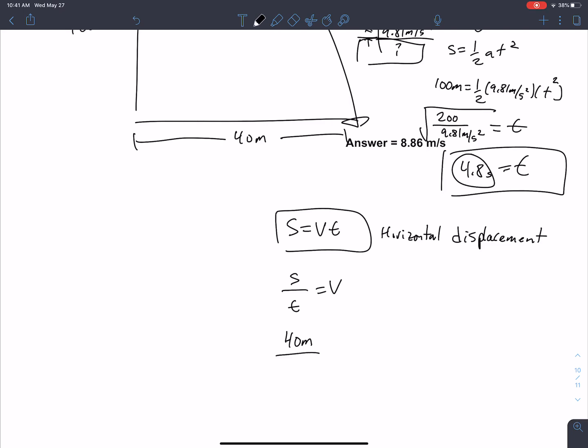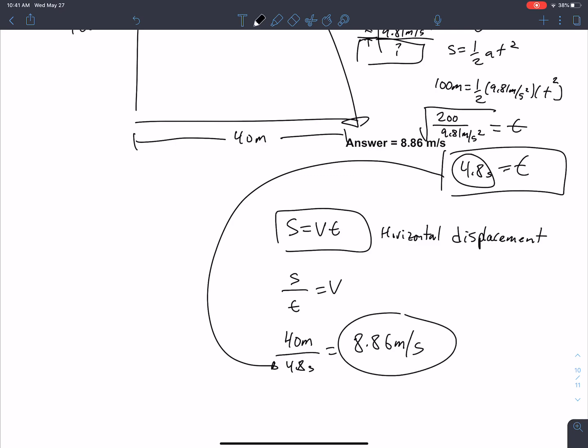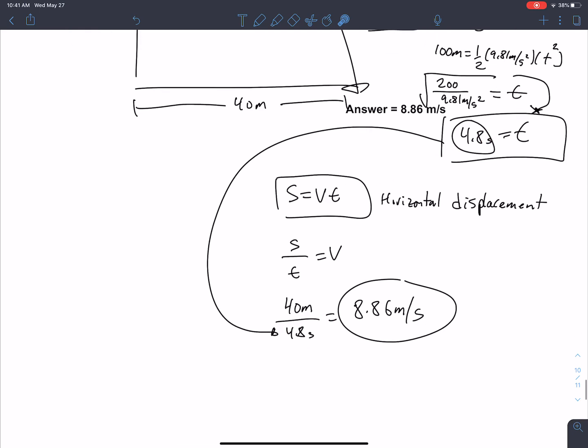T is 4.8 seconds or 4.56 seconds, whatever that T is. That might not be 4.8. And the answer should be 8.86 meters per second. So whatever 200 divided by 9.81 is, and the square root of that, that's the time. I can't remember exactly what that is. If you plug that in here, 40 divided by that number should give you 8.86. Probably it's not 4.8, probably it's 4.56 or something seconds. Okay, that's it.